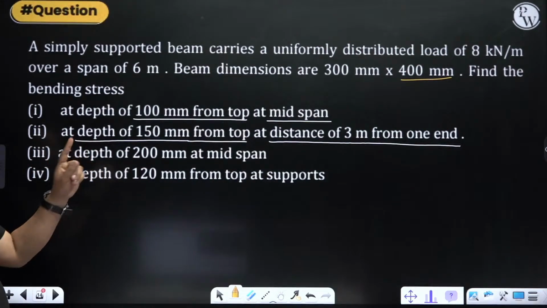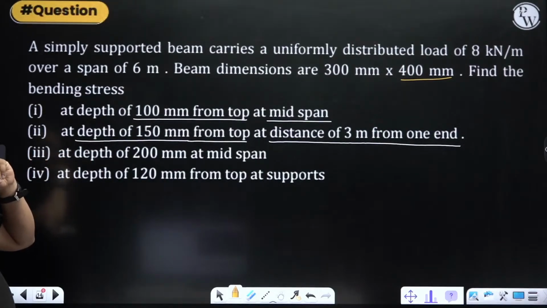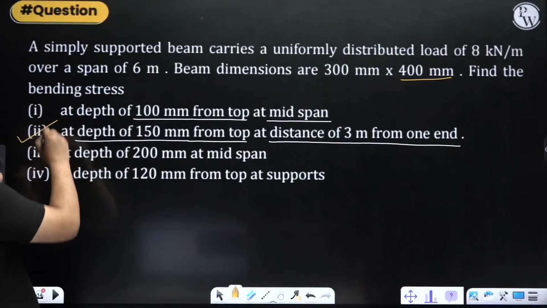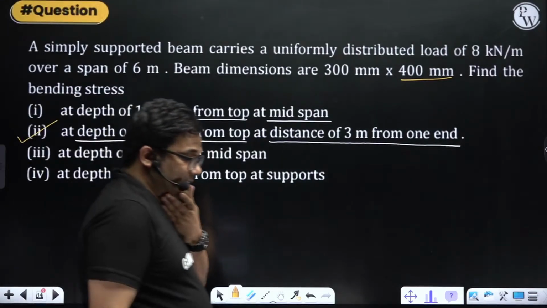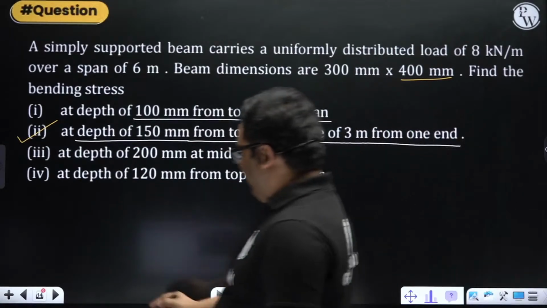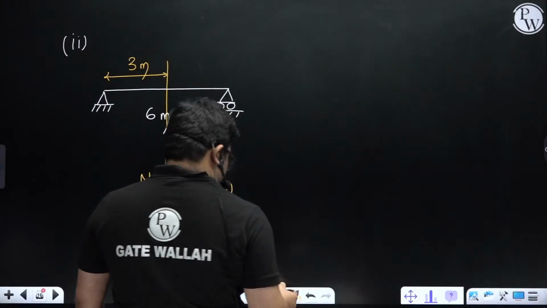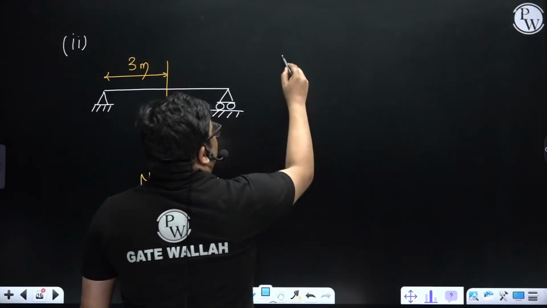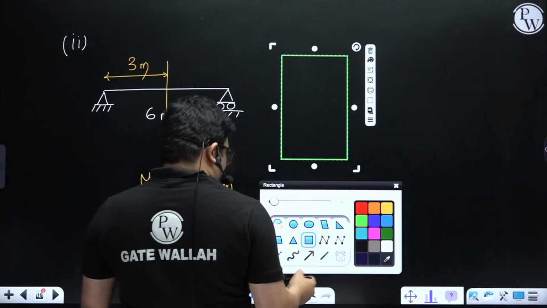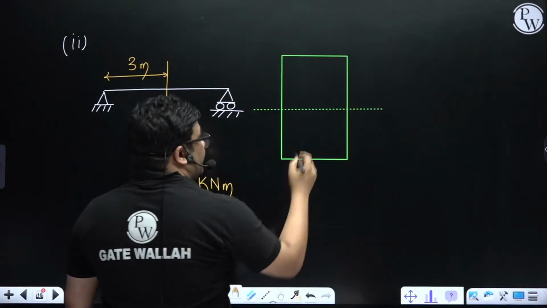150 mm from top. Okay. So what is the y for the second case? It is 50. Very good. Because it is written 150 mm from top, and this is the neutral axis.